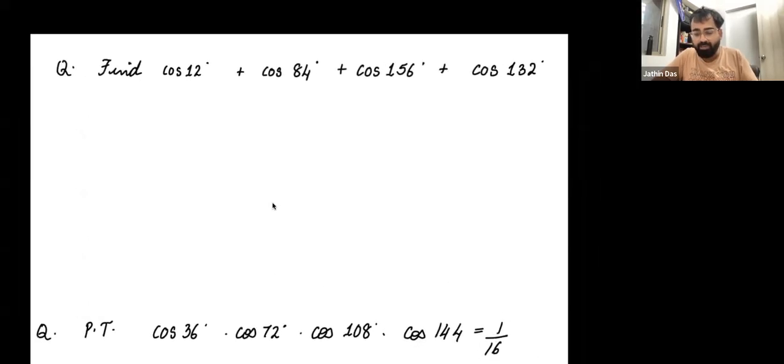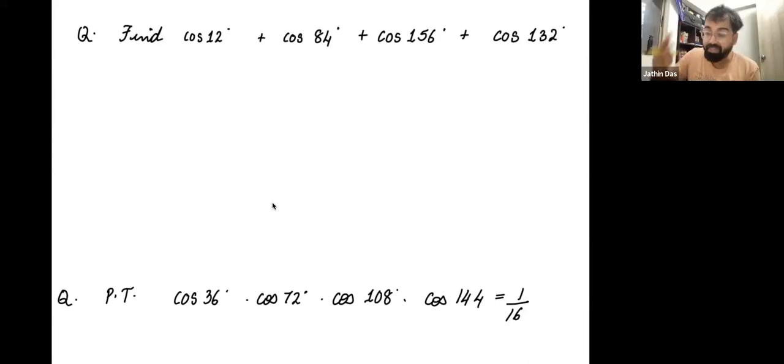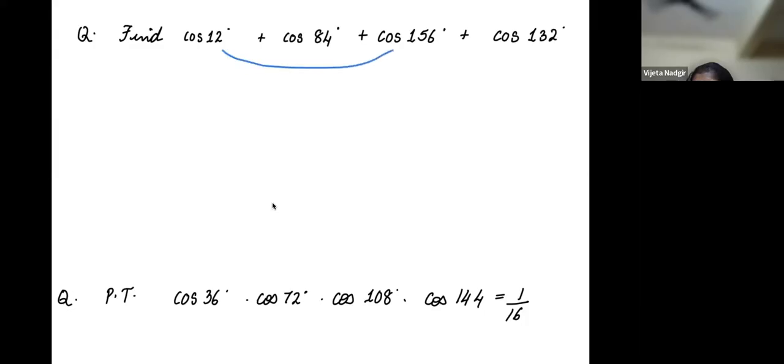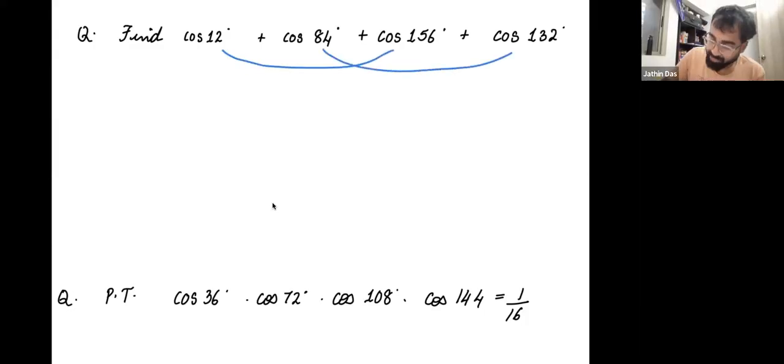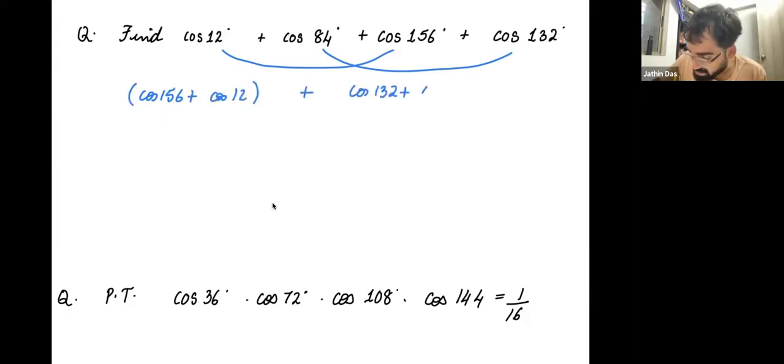You can combine any of them, but I would prefer to combine a big angle with a small angle, so there is a little less pressure. I hope you understood. So cos 156 plus cos 12 you can combine, plus cos 132 plus cos 84 also you can combine.